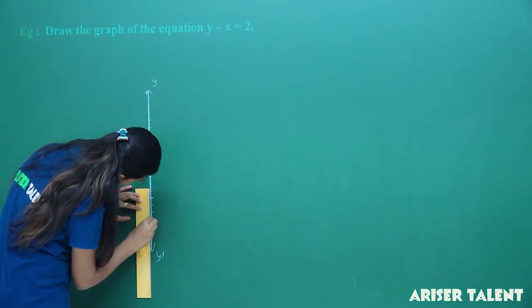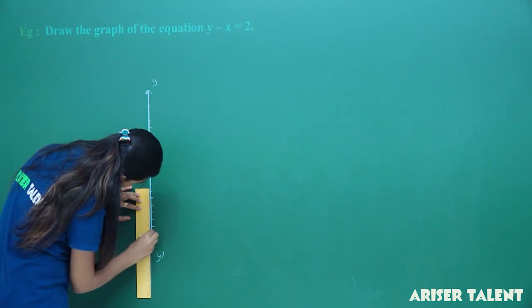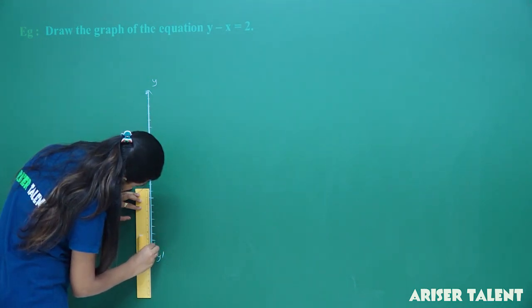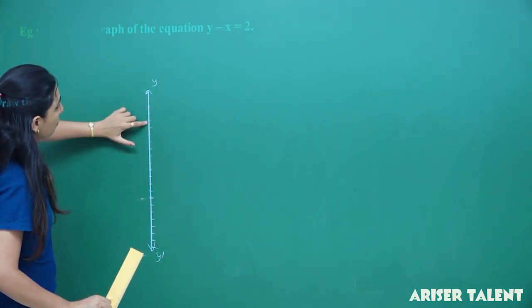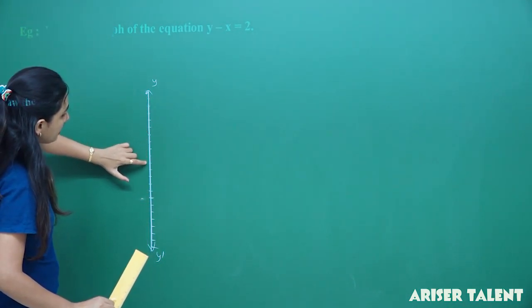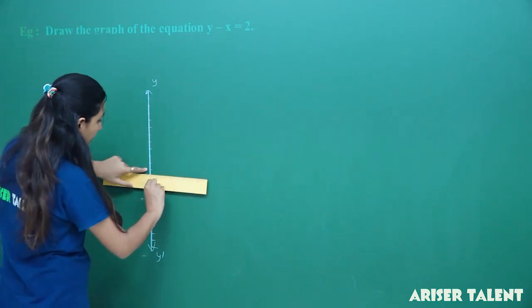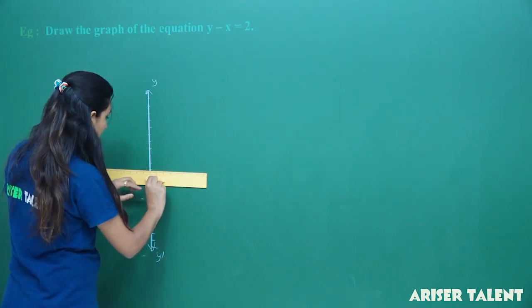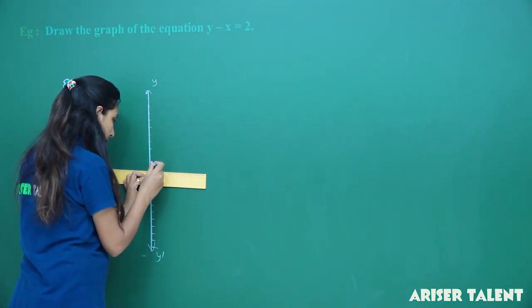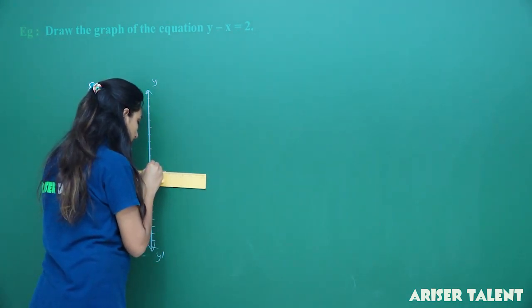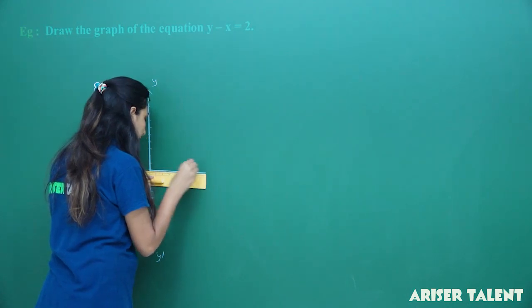Sixteen, 17, 18, 19, 20, 21 and 22. So if it's 22, there will be 1, 2, 3, 4, 5, 6, 7, 8, 9, 10, 11. That will be the midpoint here. So I am creating this as the midpoint and we'll draw another line. Right, students?